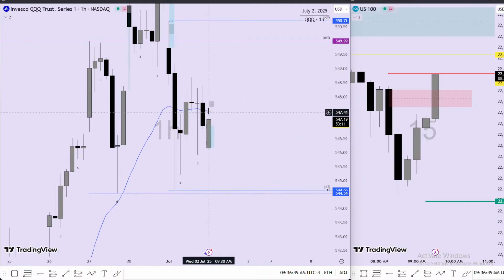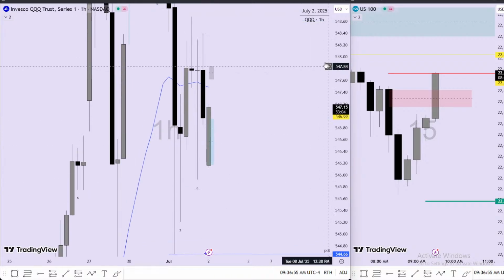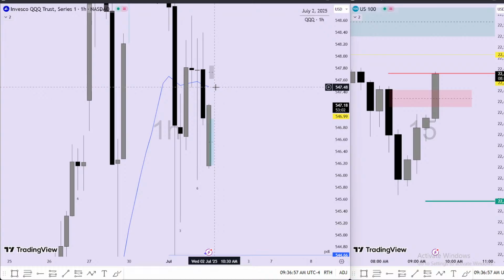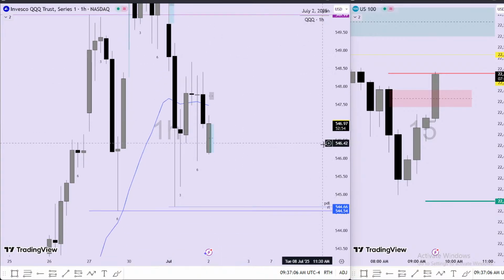We're still on the regular trading hours below the hourly moving average. That makes it generally more bullish. But still we have 52 minutes left to close above. So we still got time.